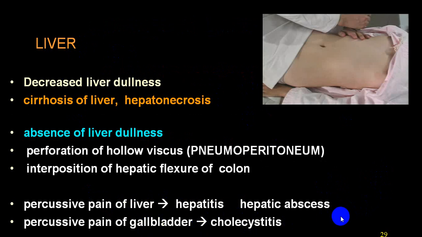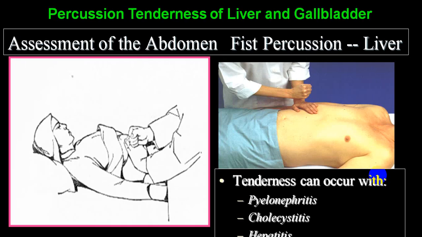Gallbladder, if it is enlarged, will be palpable and percussible, and on percussion it will be a dull note. By and large, the gallbladder is enlarged in case of cholecystitis, and the most common cause of cholecystitis is gallstone obstruction. Hence, there is a collection of bile, there is an inflamed gallbladder, and that is tender and dull. So you will be able to get that typical Murphy's sign.